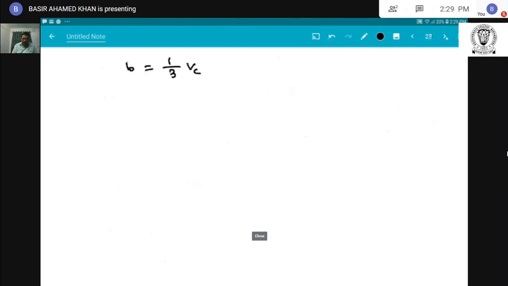But experiment shows that b is almost equal to half Vc. This is another defect of van der Waals equation.